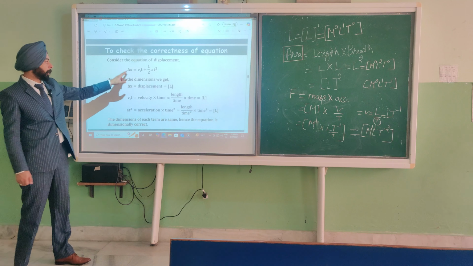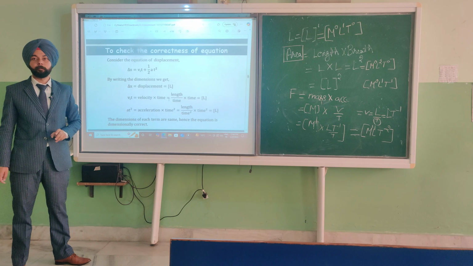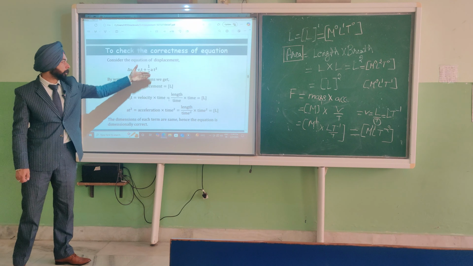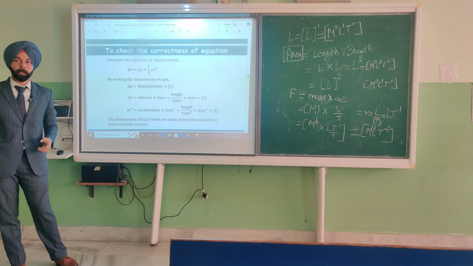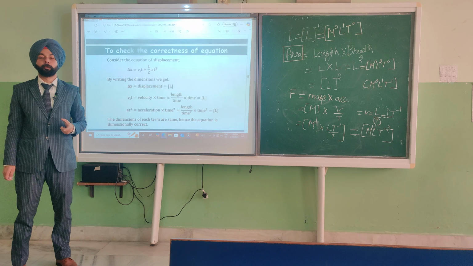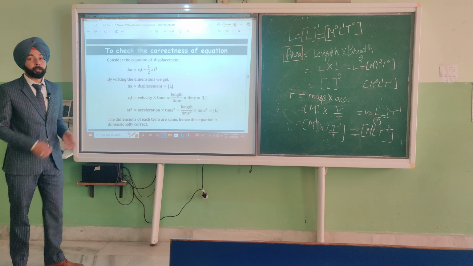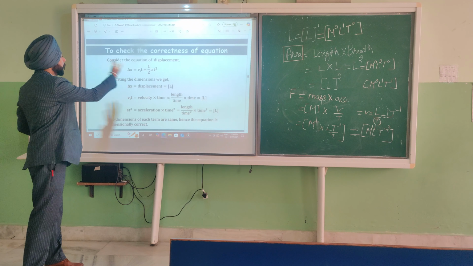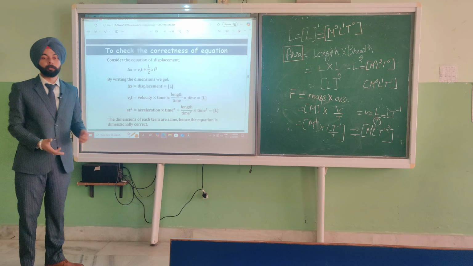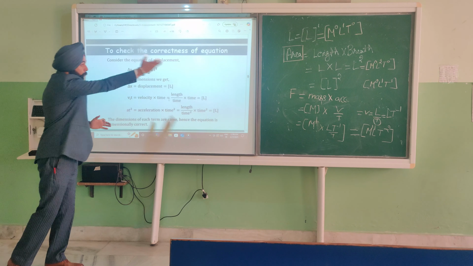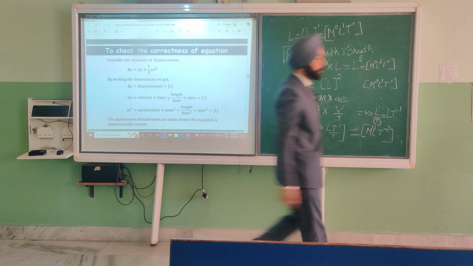Now you can check: all the dimensional formula is M0 L1 T0. This is the method to check the correctness of the equation. If you are confused, I will go through it on the board.